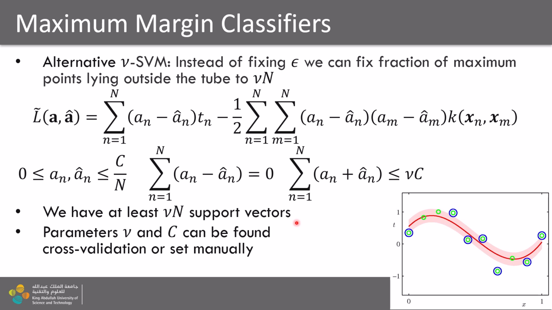Finally, for all these regression tasks, we have hyperparameters like nu or C or epsilon, and we can either set them manually or find in which case the regression function has the smallest error, which we can define by cross-validation.